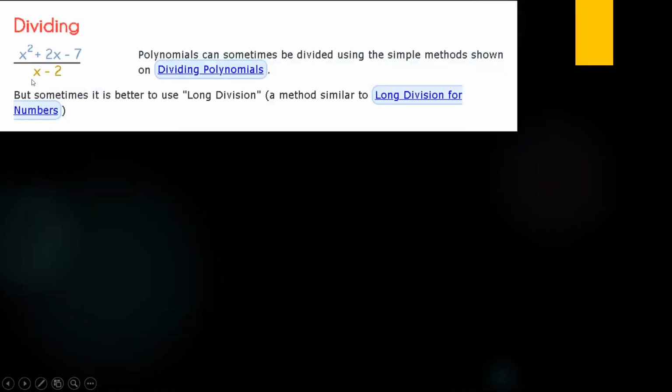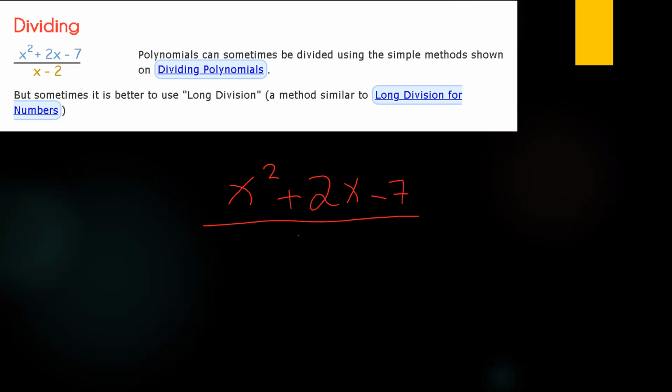Now, let's have this example here. x squared plus 2x minus 7 over x minus 2. In this case, let's try to solve it by simplifying, which is the simple method. Here, you cannot simplify x squared plus 2x minus 7.